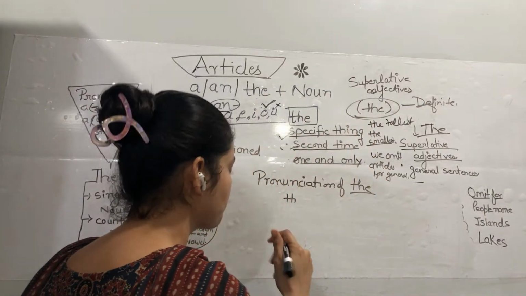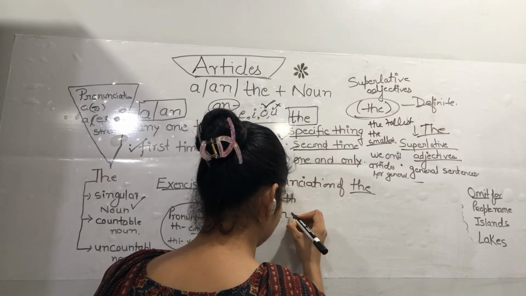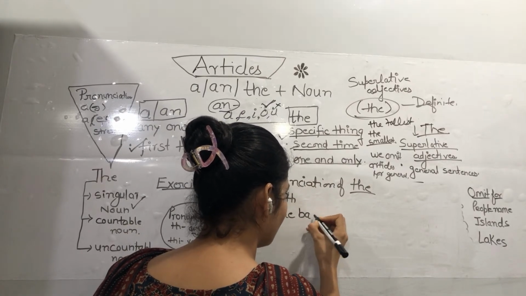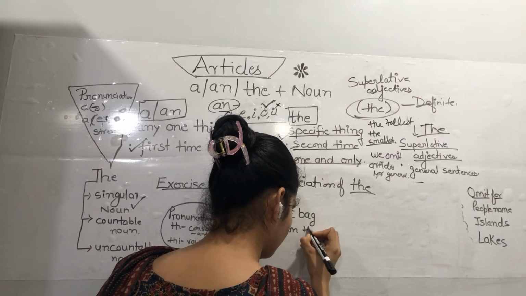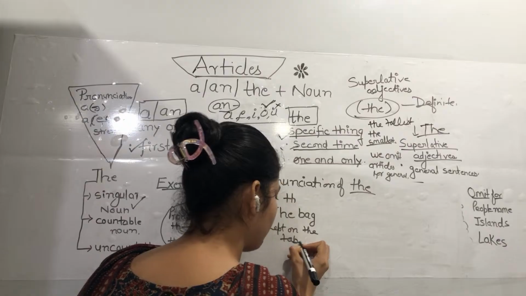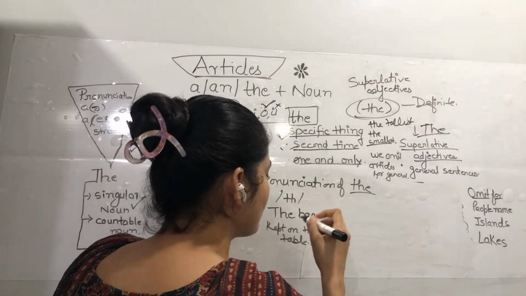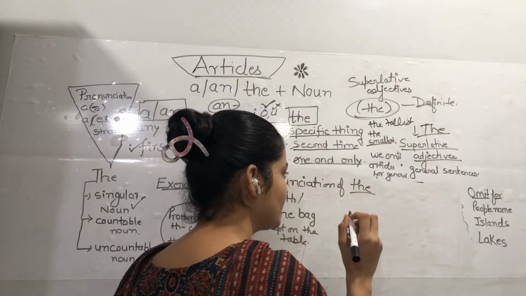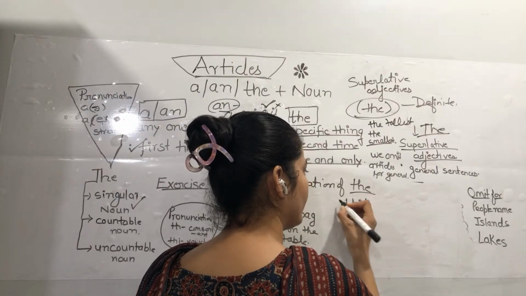So the is used like the bag kept on the table. It means I'm talking about a particular bag that is kept on the table. That is an example. So when to use the and when to use the?